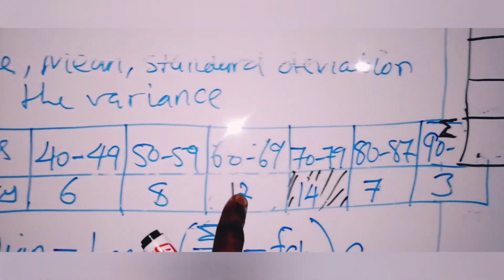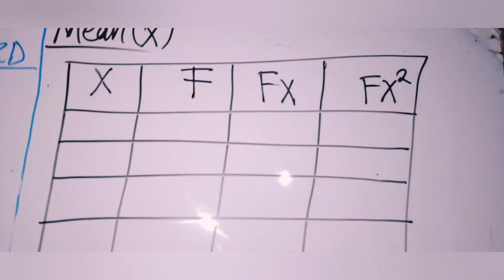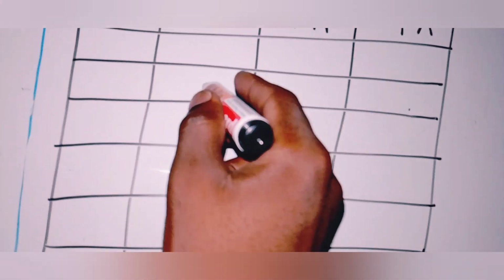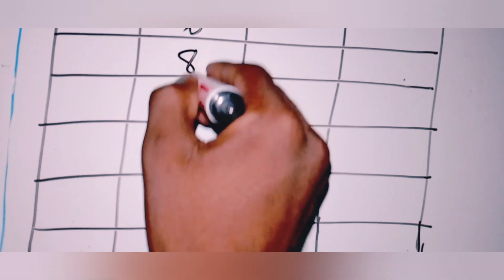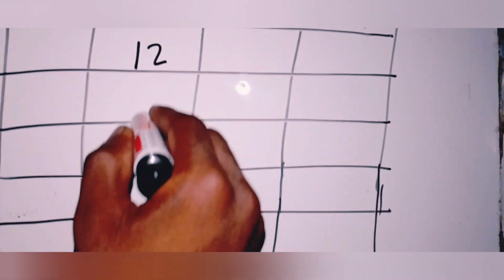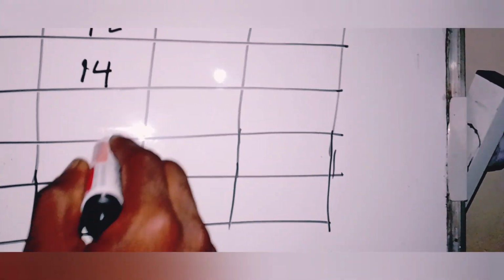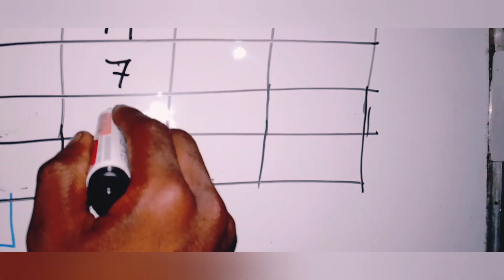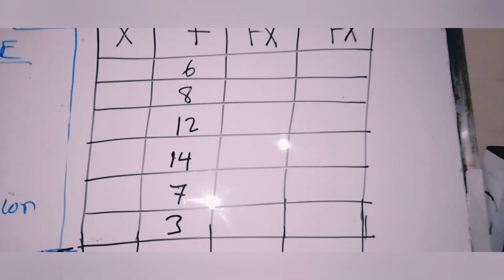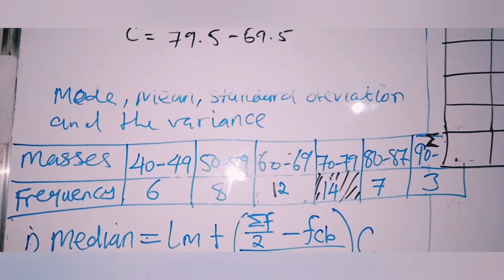We have 6, 8, 12, 14, 7, 3. So we are going to put the frequencies just the way they are.